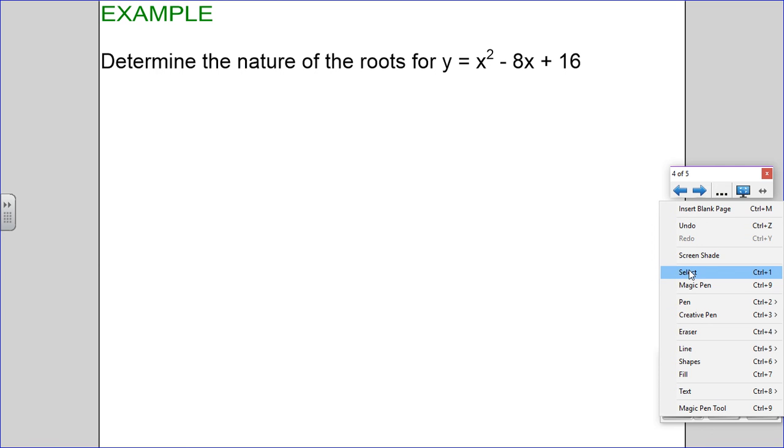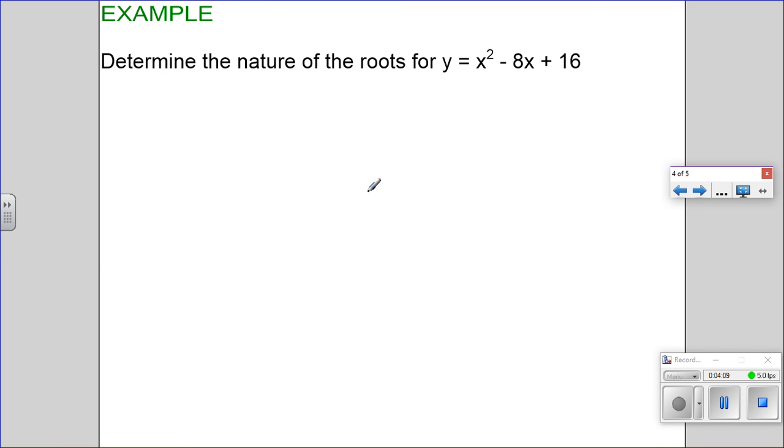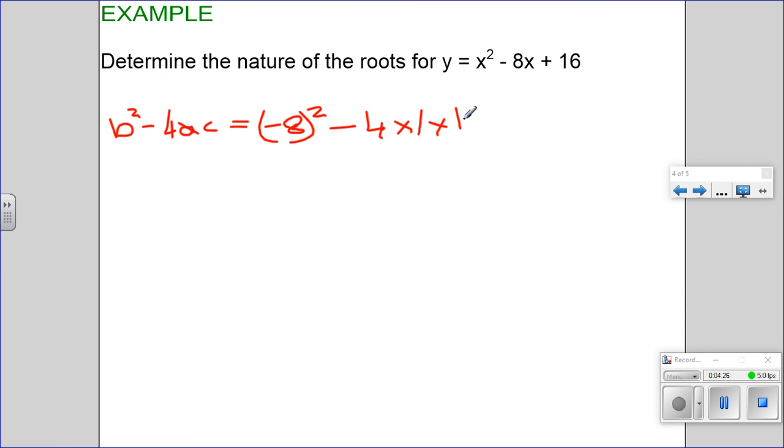So the next example, I'm going to change the colour of my pen, I'm going to go red this time. We have x squared minus 8x plus 16. So we've got b squared minus 4ac is equal to -8 squared minus 4 times 1 times 16. -8 squared is 64. 4 times 1 is 4 times 16 is 64.